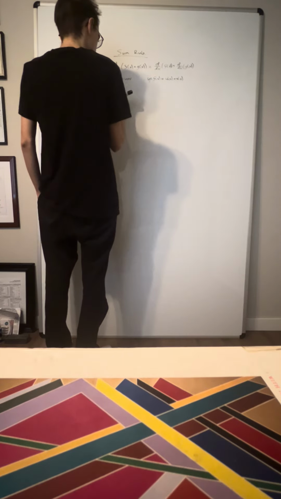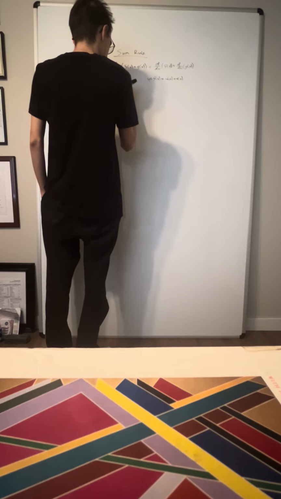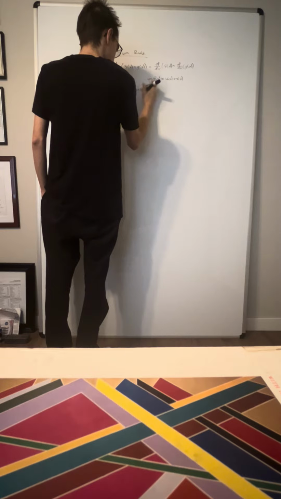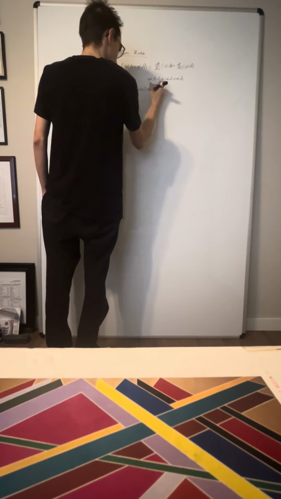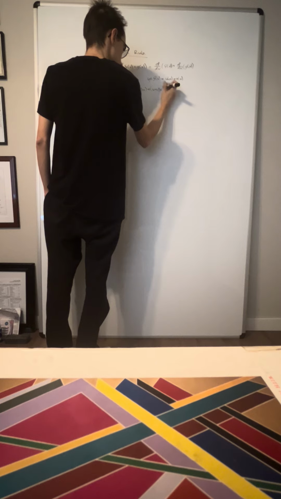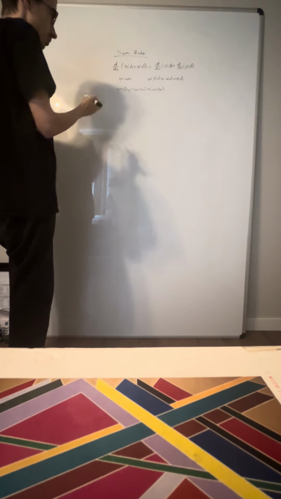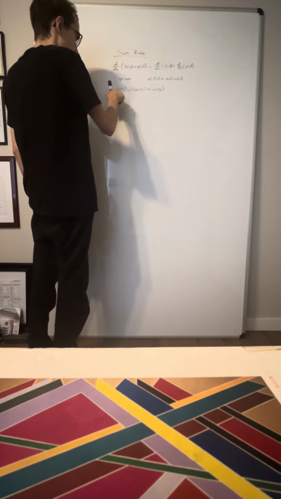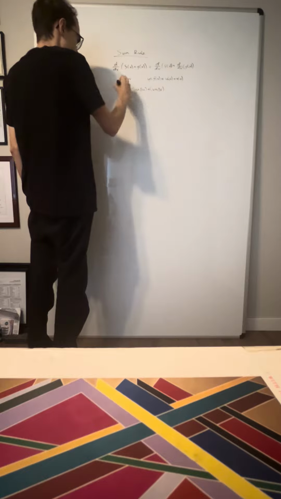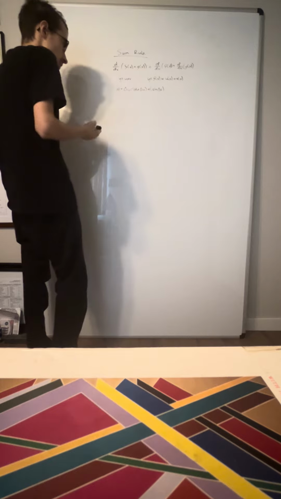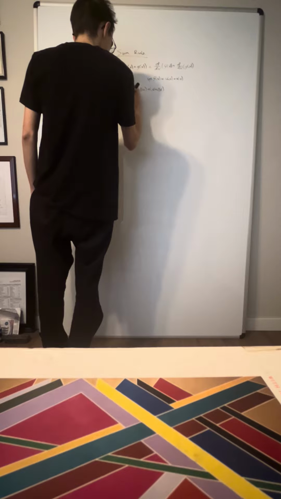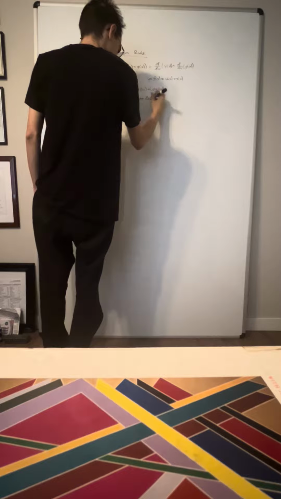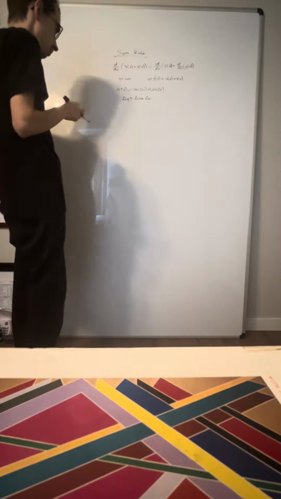So y plus delta y equals u plus delta u plus v plus delta v. But notice that since y equals u plus v, we can cancel these out and just look at the infinitesimal pieces. So delta y equals delta u plus delta v.